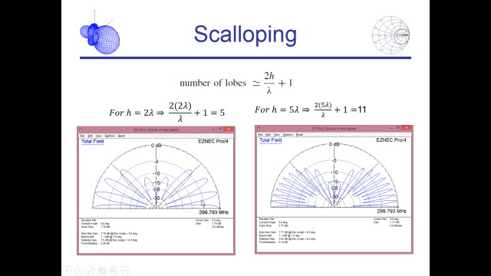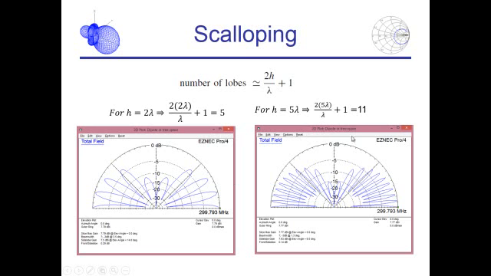If you're just looking at half of the plane, you'll count 1, 2, 3, 4, and 5 lobes, and the other ones will be a mirror around the azimuthal plane. For the case of raising the dipole to 5 lambda, I'm going to get 11 lobes. If you count them, you'll see that.